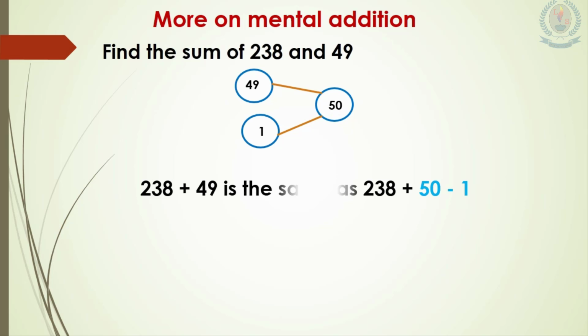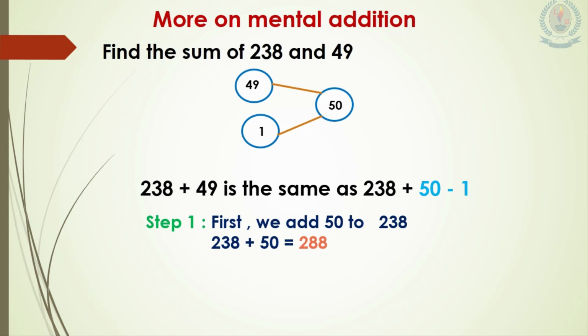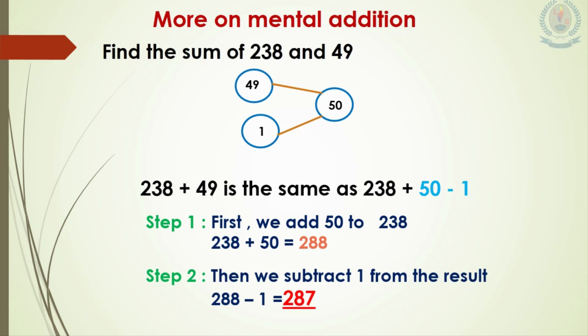So, adding 49 is the same as adding 50 and then subtracting 1. First, we can add 50 to 238 and then subtract 1 from the result. When we add 238 and 50, we get 288. Then, we have to subtract 1 from the result. The answer is 287.